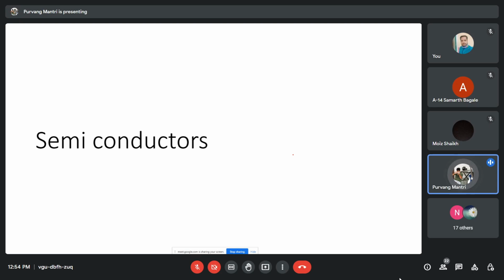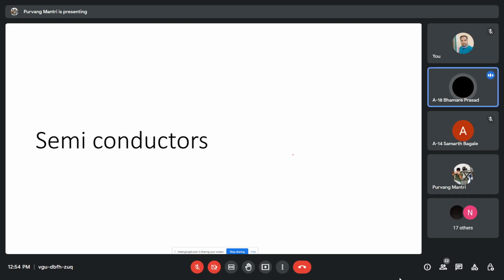What is the definition of semiconductors? Okay, so can you define what conductors and insulators are? Sir, conductors conduct electricity, and insulators are opposite to that. And a semiconductor lies between both of them. Yeah, exactly. That is correct.